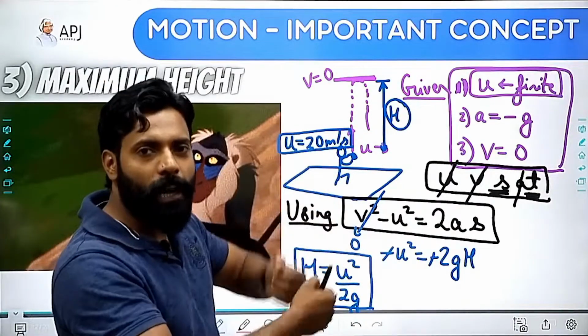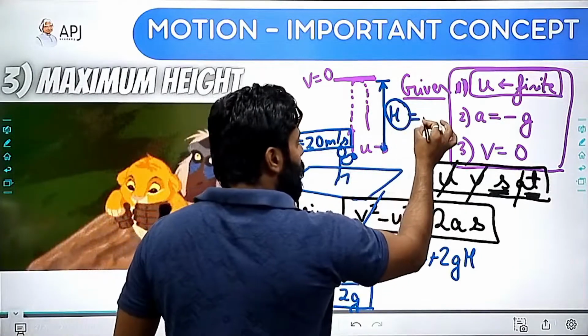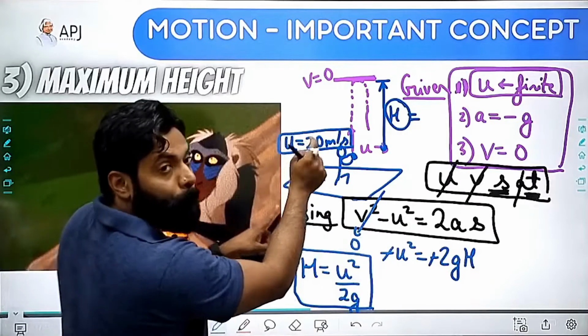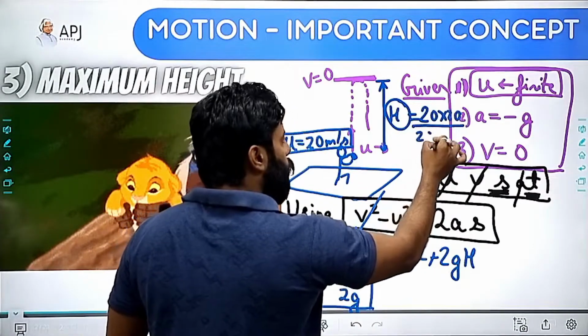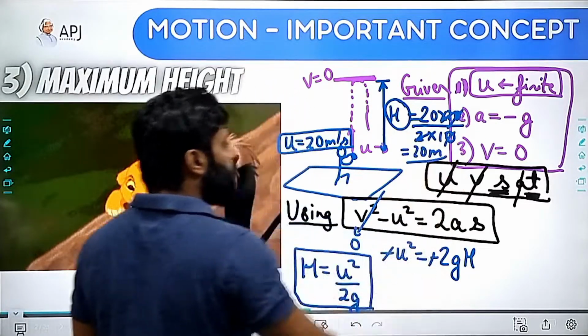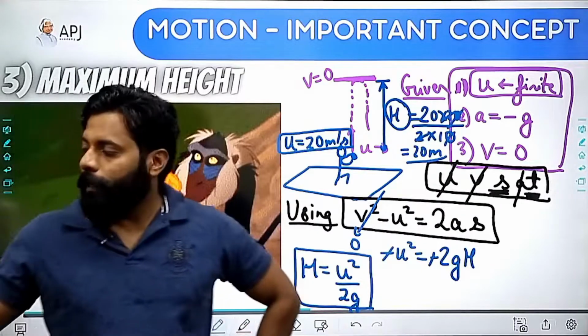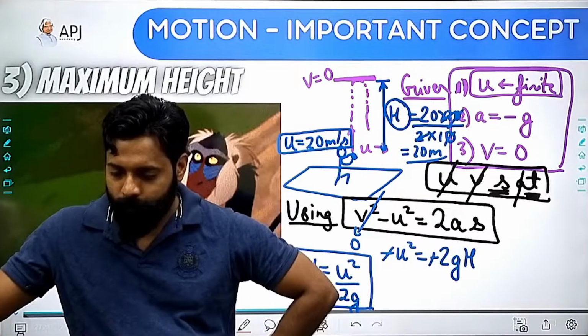We will see how the pulley works. So do let me know. See, I have to square this 20. So 20 into 20 divided by 2 into 10. So this will be 20 meter. 20 meter. I hope that you are getting it.